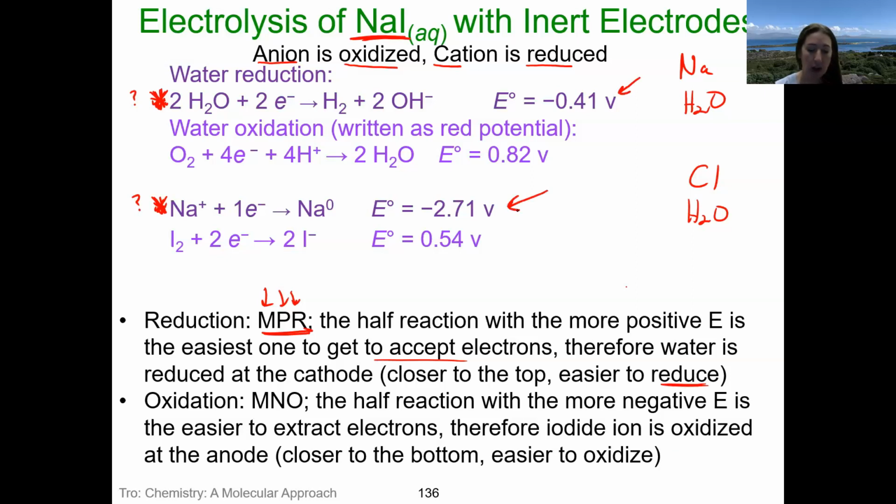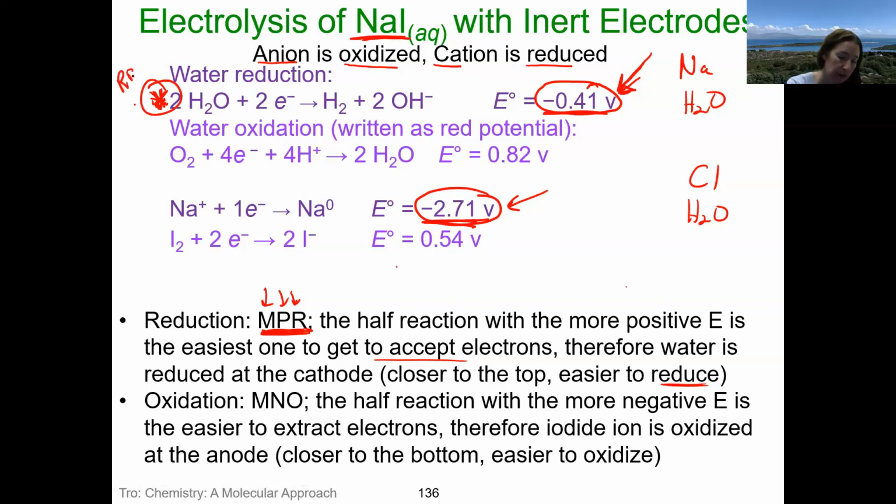Which reduction is going to happen? We look at these numbers here. With reduction, more positive is reduced. Whichever one is more positive, that's the one that's going to be reduced. Our choice is negative 2.71 or negative 0.41. This one is more positive. This will be the one that's going to be reduced. This one will not be reduced.